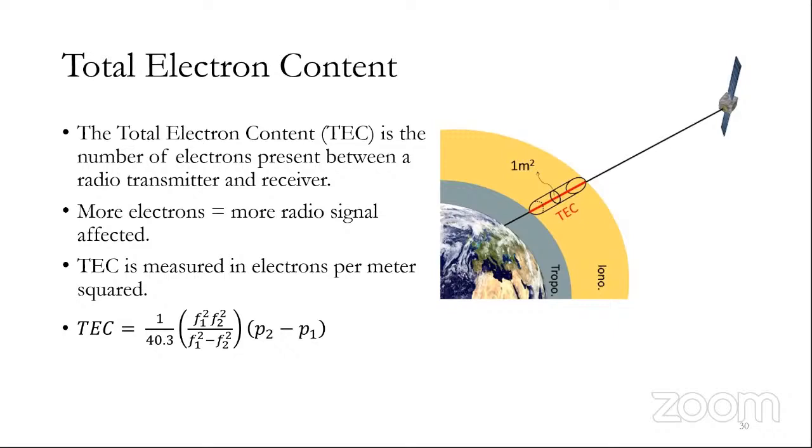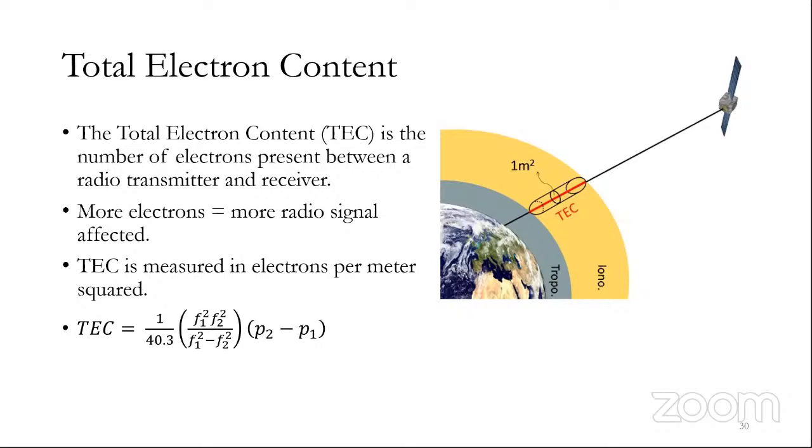The equation for measuring it is, as you can see here, the total electron content is equal to 1/40.3. And to be able to measure the total electron content, we have to consider observations from GNSS satellites. We do this by taking observations from multiple frequencies from the same satellites. Of course, each GNSS satellite transmits at more than one frequency.